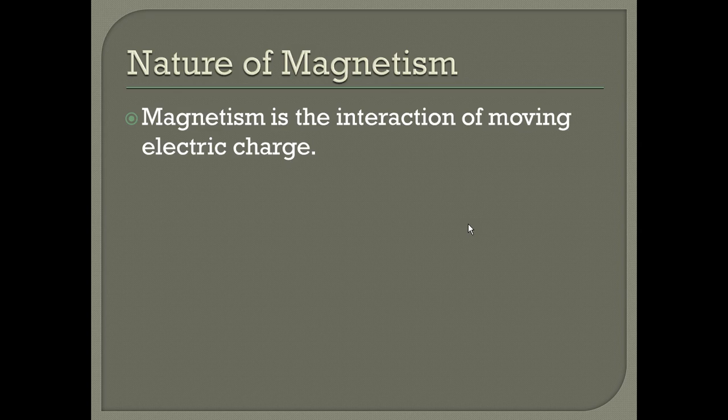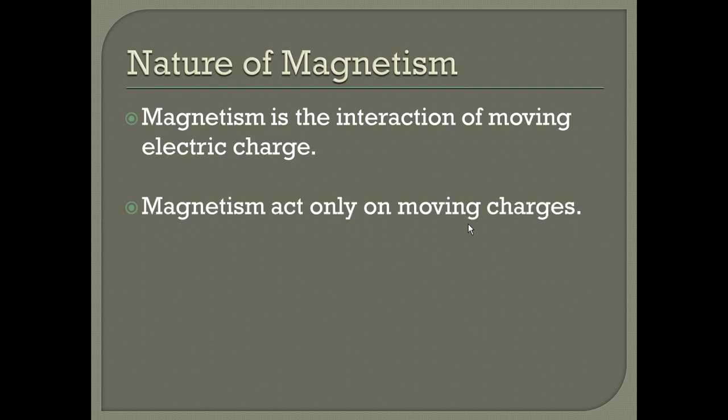So on top of the interaction that happens to the charges when they are at rest, we have an additional interaction by virtue of the movement of these charges with respect to each other. And we call this type of interaction magnetism. Okay, so magnetism acts only on moving charges.